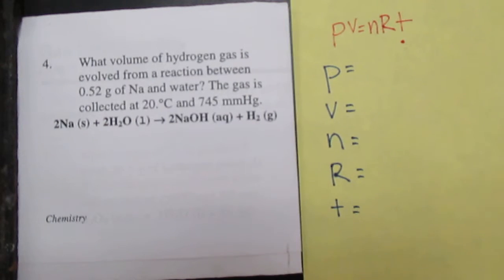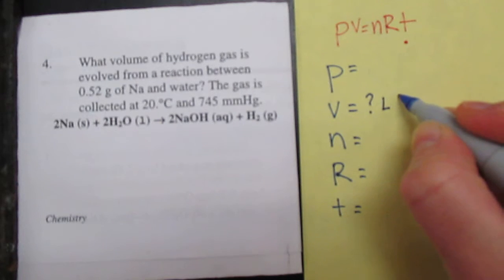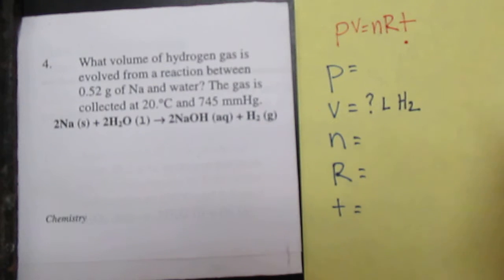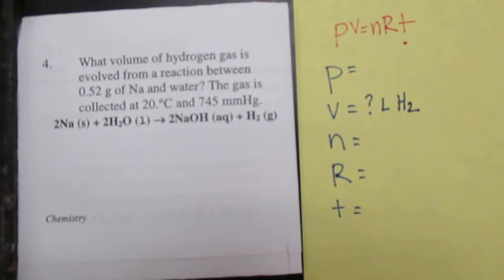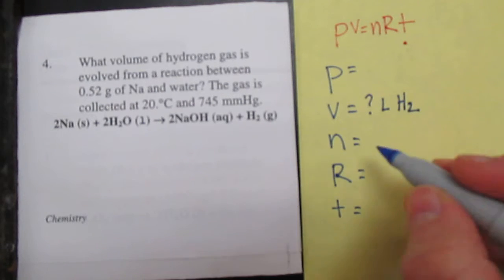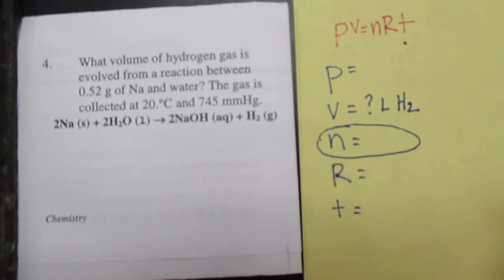What volume of hydrogen gas? So I am going to be looking for the volume of hydrogen gas from a reaction between 0.52 grams of sodium. So I'll be starting with that. That means I'm going to have to solve for this part first in order to solve for the hydrogen.